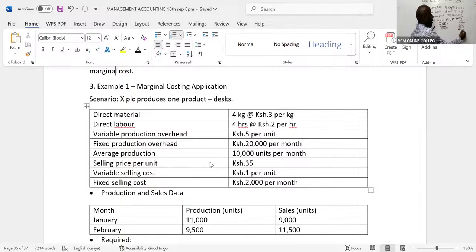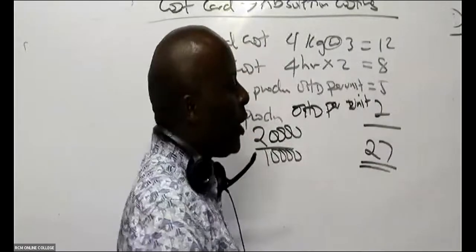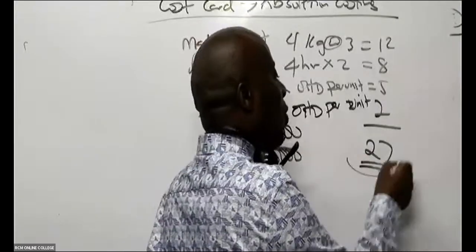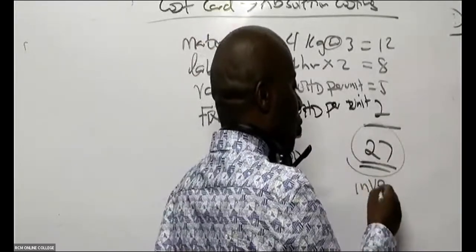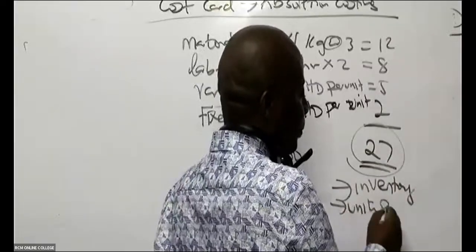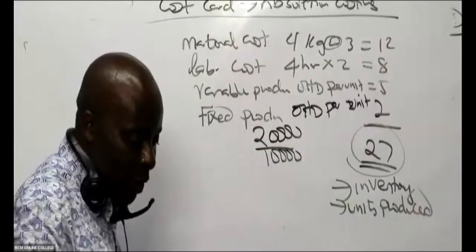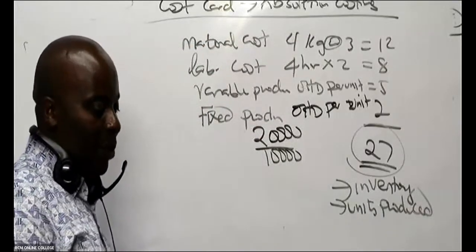And at the end of the day, we see a figure of 27. This 27 is what we shall use to value inventory, and to value units produced.